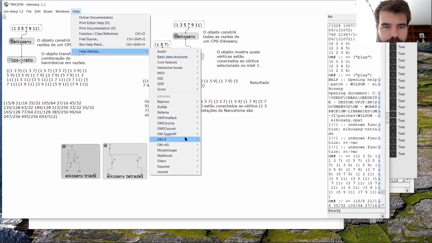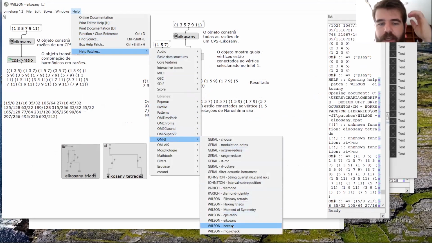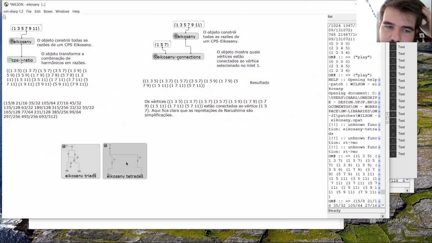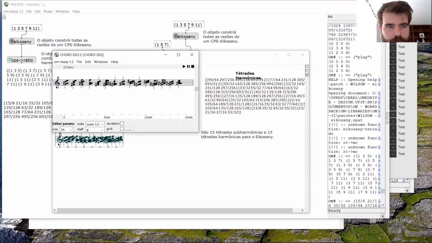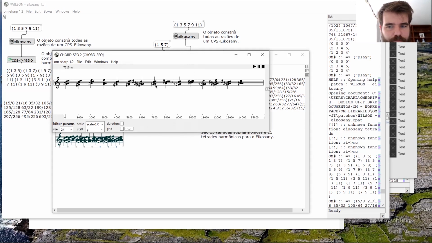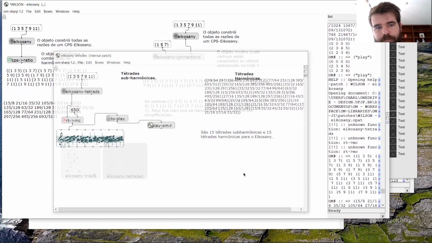And here in the eikosany we have the tetrads. Okay, it's finished.